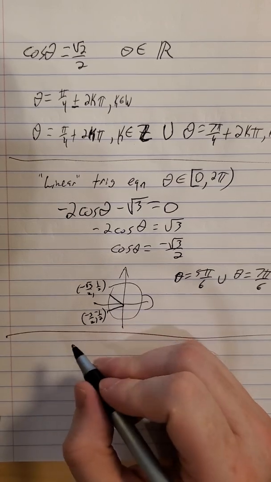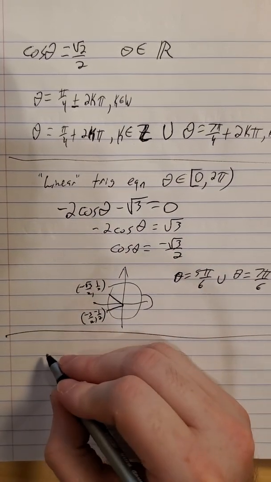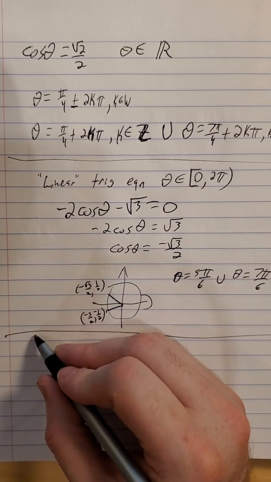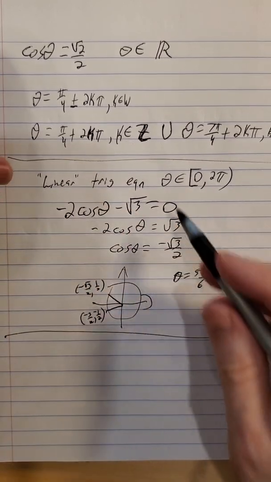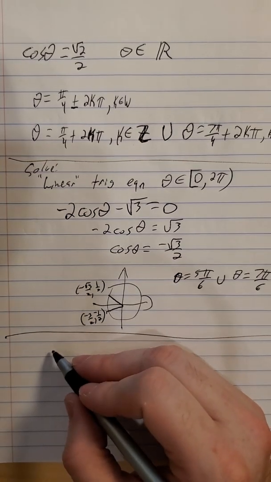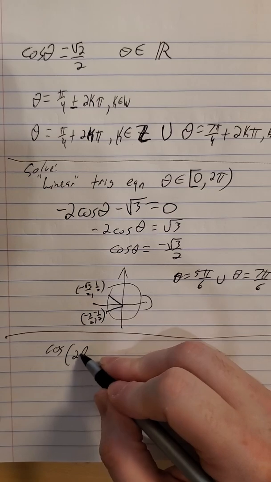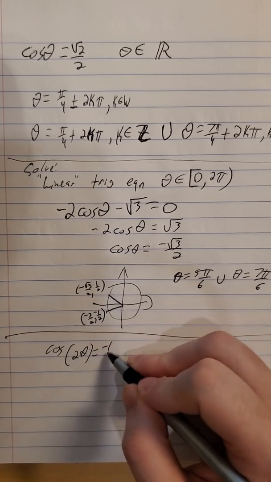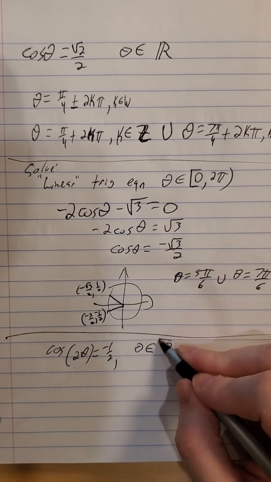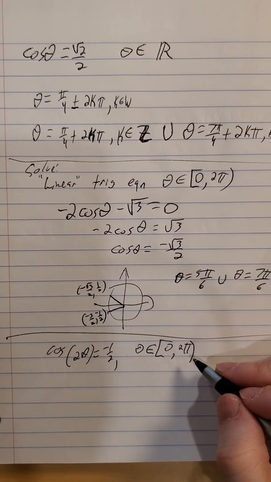All right, so this next one we start messing around with the argument of the cosine. On these, the direction would be to solve, of course. If they give us an equation, they want us to solve it. So cosine of 2 theta is negative 1/2. Theta is on the interval from 0 to 2 pi, inclusive on 0, exclusive on the 2 pi.